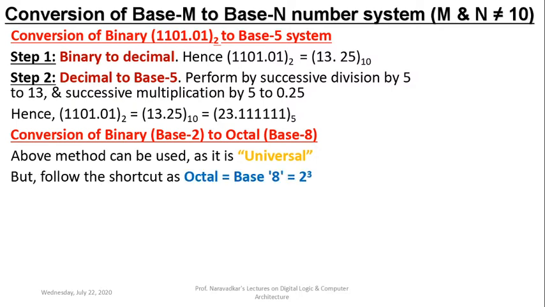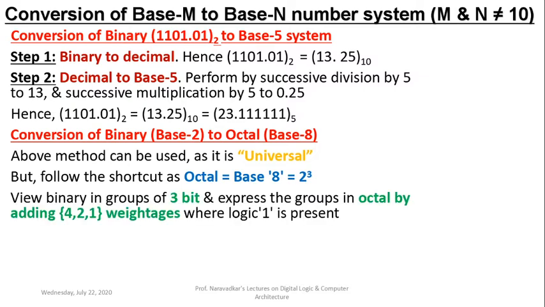Follow the shortcut method as octal, base 8, is equal to 2 to the power 3. How? View the given binary in groups of 3 bits. Whatever binary is given to you, make groups of 3 bits each, and express the groups in octal by adding the 4, 2, 1 weightages where logic 1 is present.